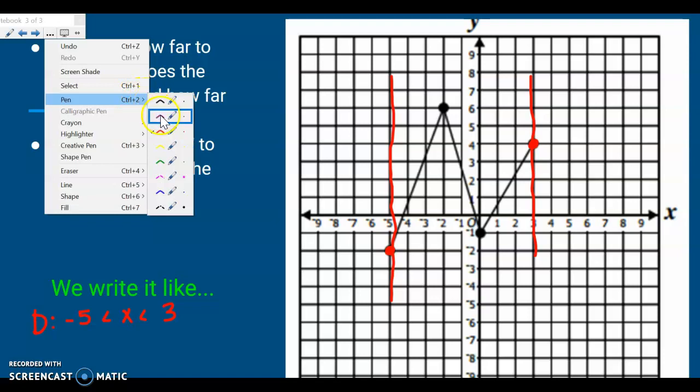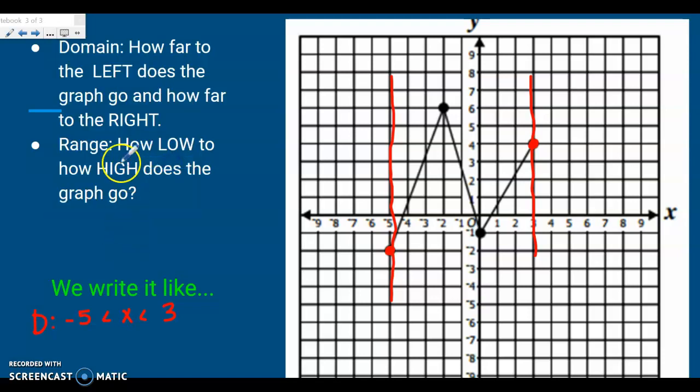When we look for our range, we're looking at how low to how high. So if I scan my graph, the lowest point looks like it's this same point again. But I'm looking at my y value because we know that range is our y values, our y-axis. And if I scan up, I see that this is my highest point. Again, I'm looking at where it is on the y-axis.